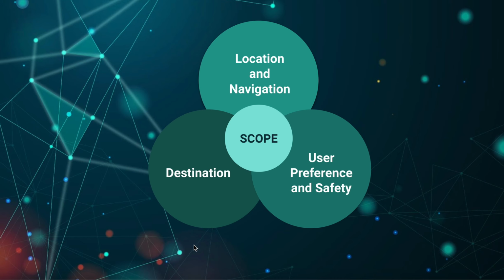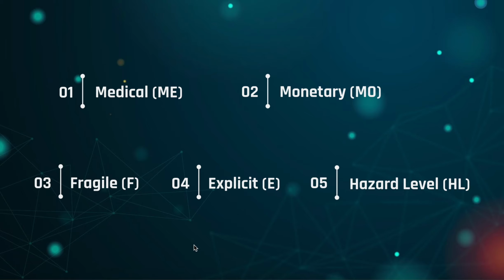To better help facilitate ethical decisions, we have divided the types of objects into four different types. One is medical objects, which include things like bandages or medicines. The second type is monetary objects, which include objects of high monetary value like jewelry, credit cards, or money.